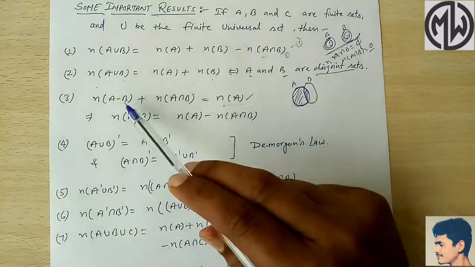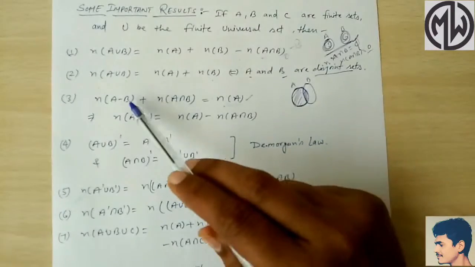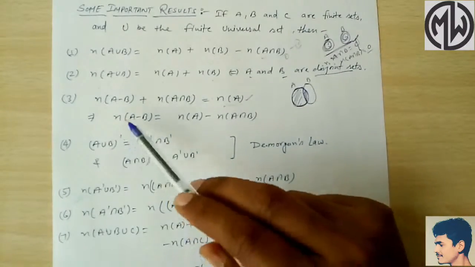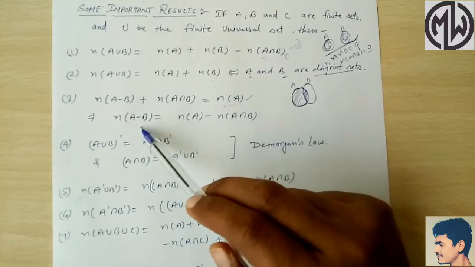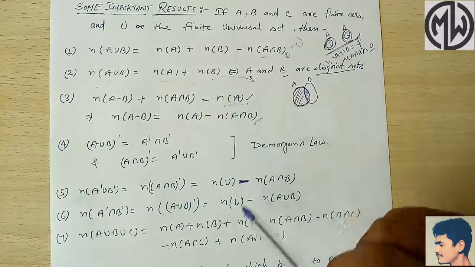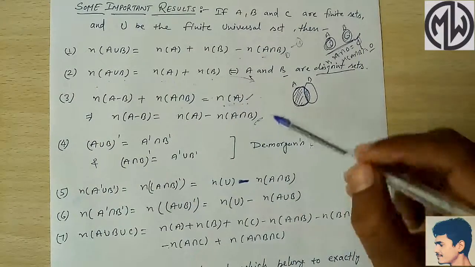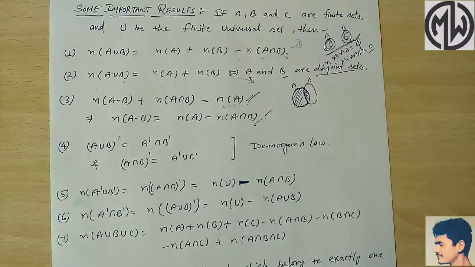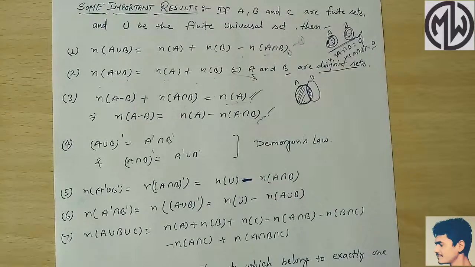Okay, so from this equation we can also say one more thing: number of A minus B is equal to n of A minus n of A intersection B. Okay, so these are important results and we will use them in the 8th, 9th and 10th results that we have now got.